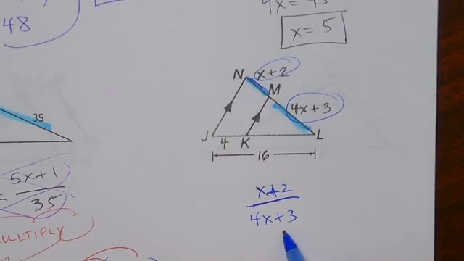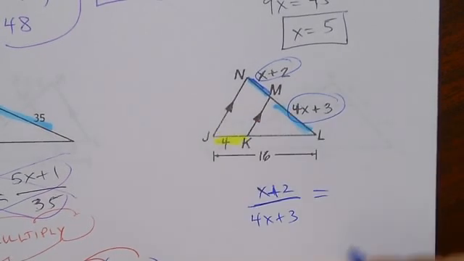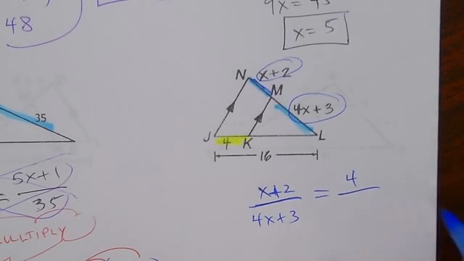All right, this segment with this segment, the x plus 2 over the 4x plus 3, good. Equal to what? Who can tell me what you wrote right here on this side? 4 over what?